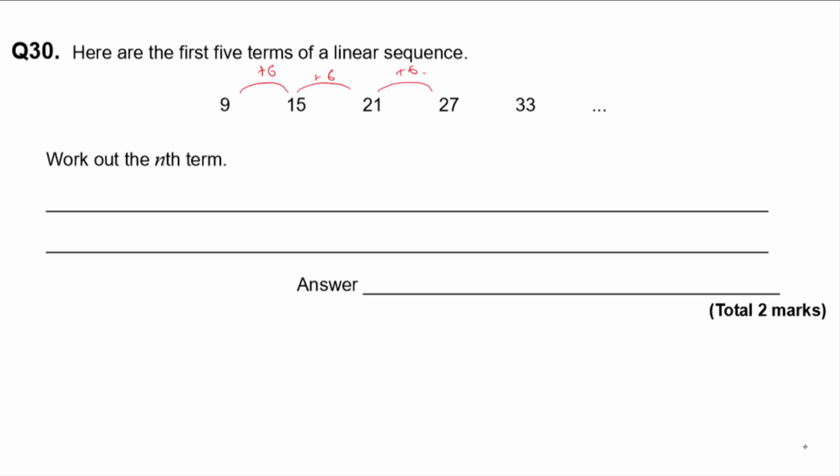So I know a sequence that goes up in 6s, it's 6n, and 6n goes 6, 12, 18, 24, 30. Now our sequence, if you notice, each term is 3 more than 6n. So our sequence then is going to be 6n plus 3. Okay, so that's my nth term, 6n plus 3.